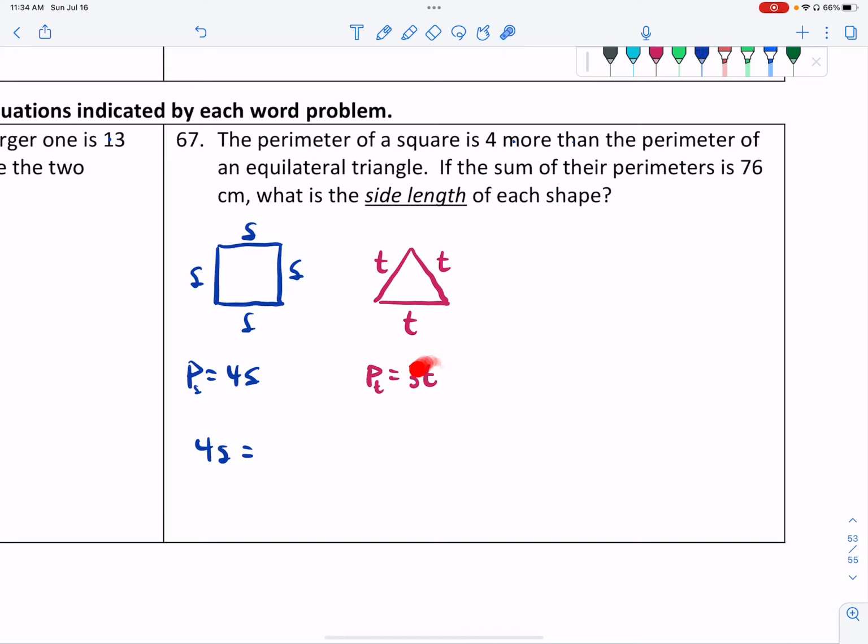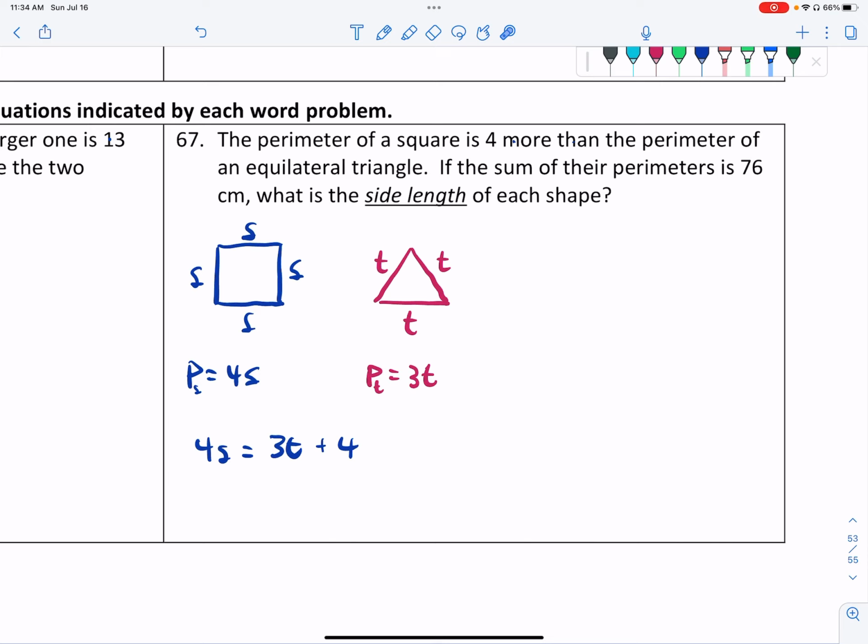So I'm going to take my equilateral triangle and have 4 more than that. So that's just 3t plus 4. So you can see how the t and the plus sign can get confusing. Anyway, without the serif.